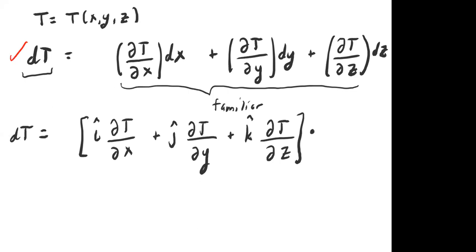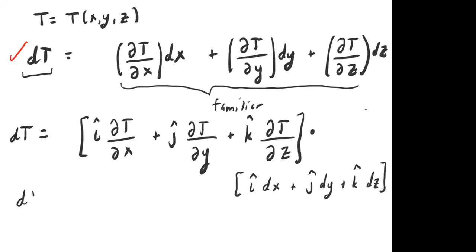Now I've got to dot this thing into another vector, because after all, when I take the dot product of two vectors, I must get a scalar. dt is just a change in temperature of the room, that's a scalar. So the thing that has to go over here is just i hat dx plus j hat dy. We've seen this creature before. Plus k hat dz.